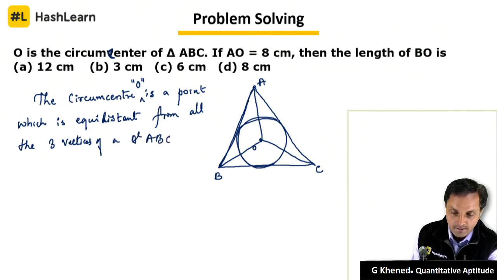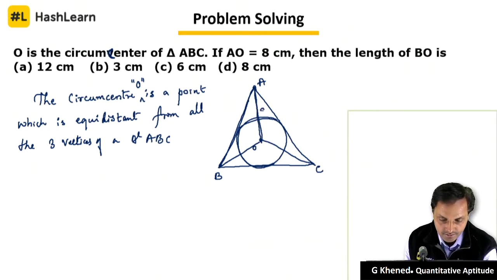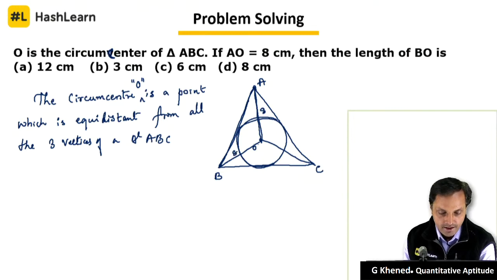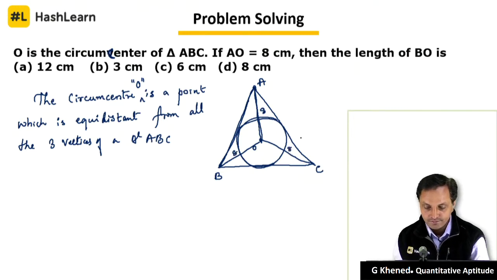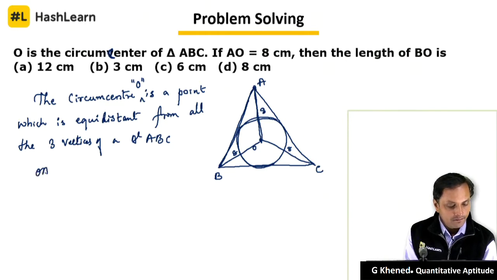Means this is given as 8, so that also will be 8 and this also will be 8. OA is equal to OB is equal to OC is equal to 8.